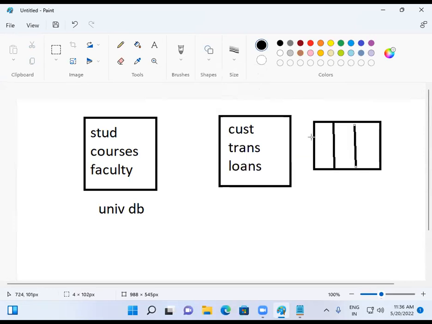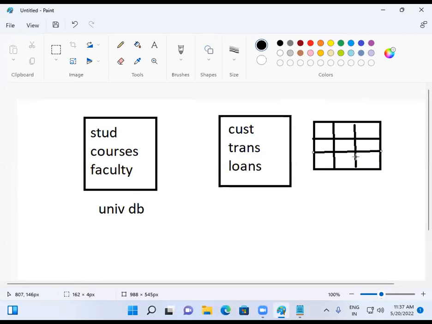Like suppose, in a database you want to store customer data. Create one customer table, and in the customer table store the customers' data. You want to store loans data, then create one loans table, and in the loans table store the loans data. In libraries they use racks for organizing the books, but in a database we use tables for organizing the data.